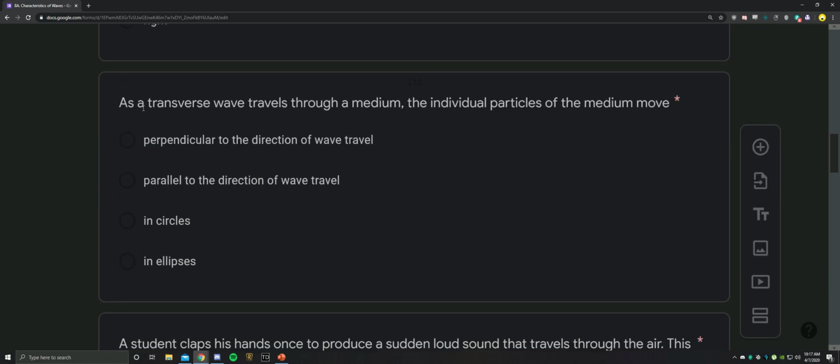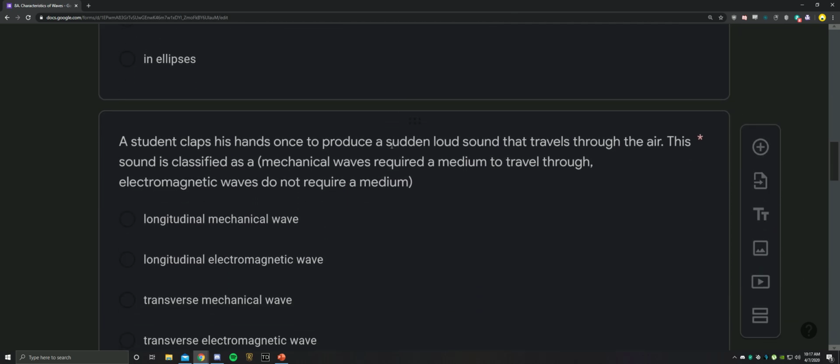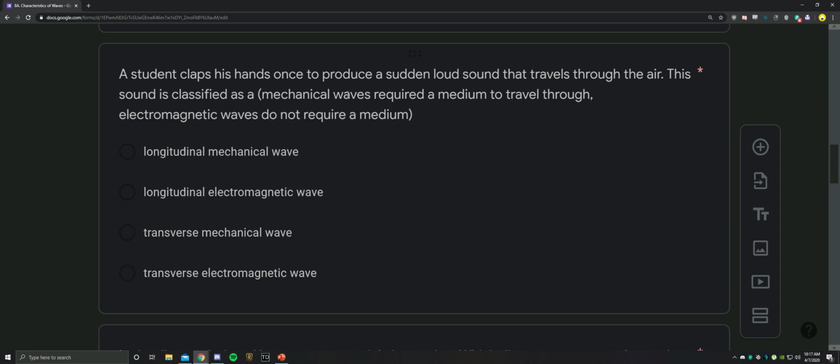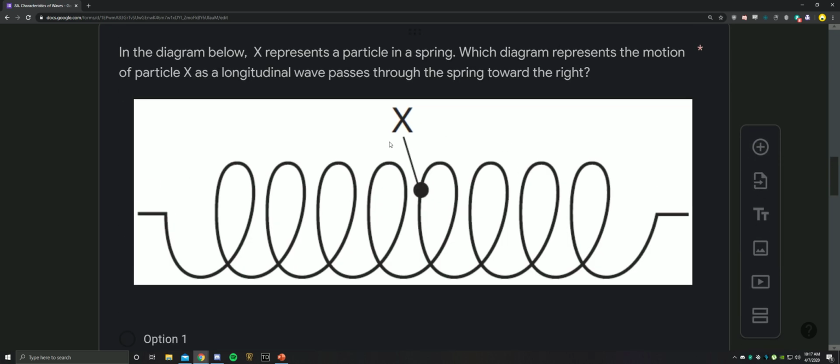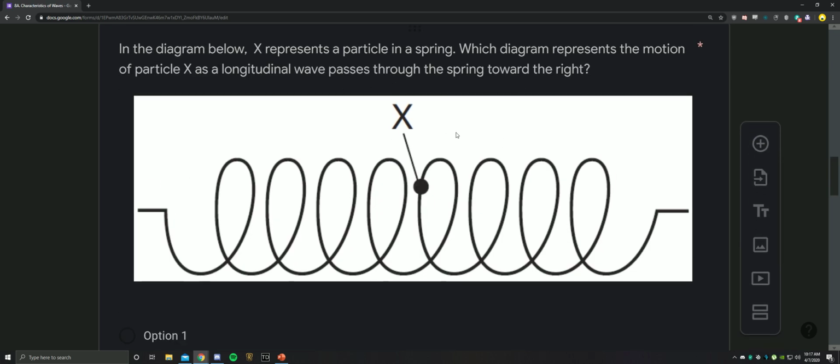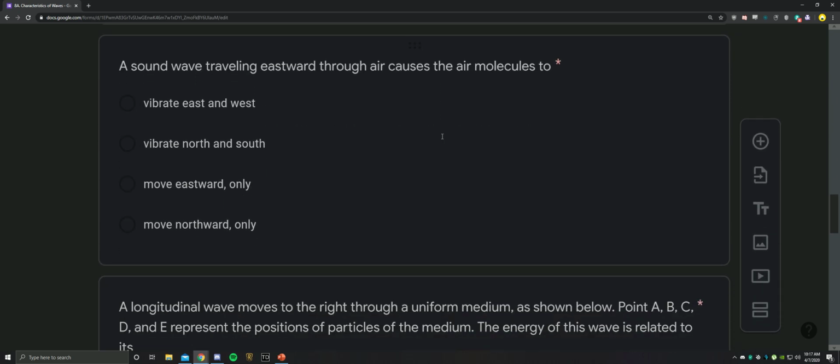We talked about transverse waves. As a transverse wave travels through a medium, the individual particles of the medium move what? We talked about this. Maybe take a look at the PowerPoint. I would just read the question here. That seems doable. It's a longitudinal wave, so how do longitudinal waves move?